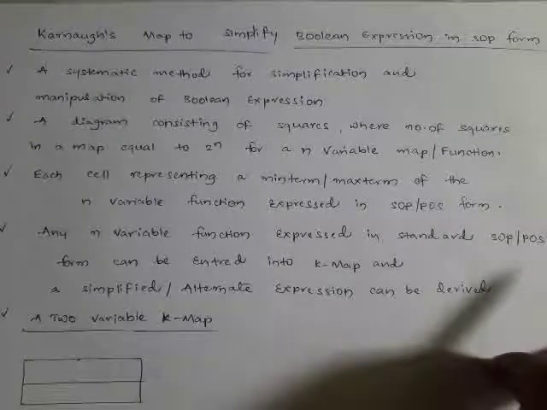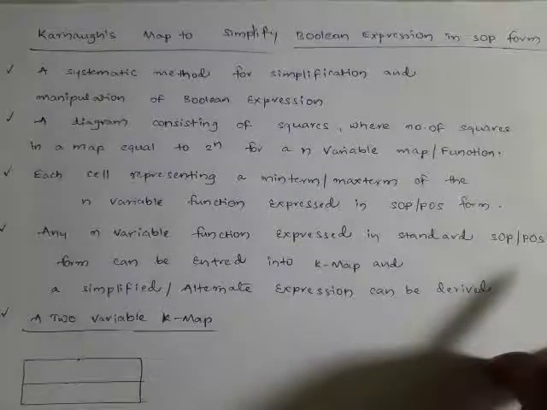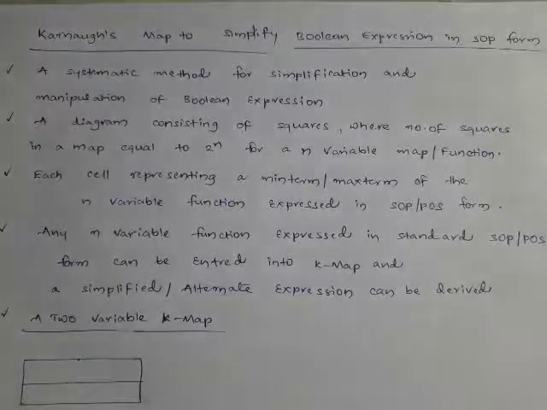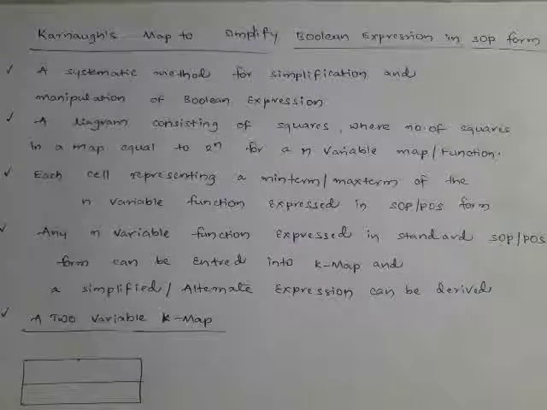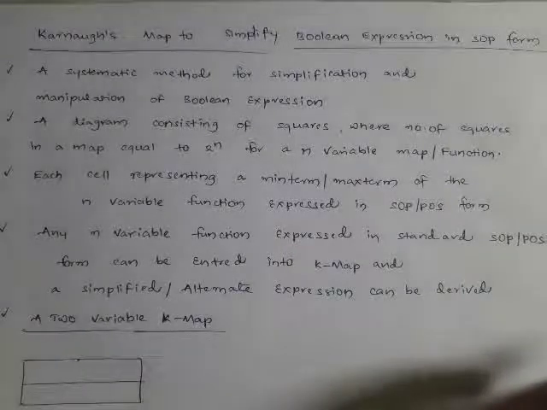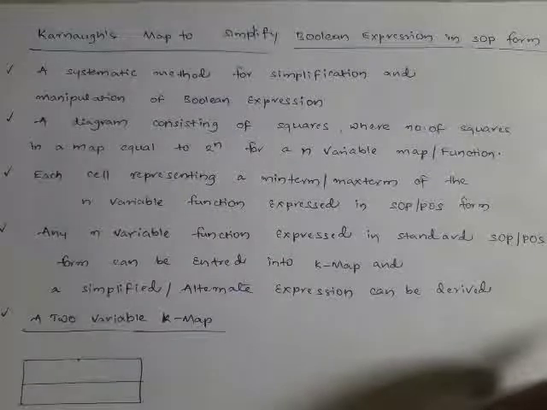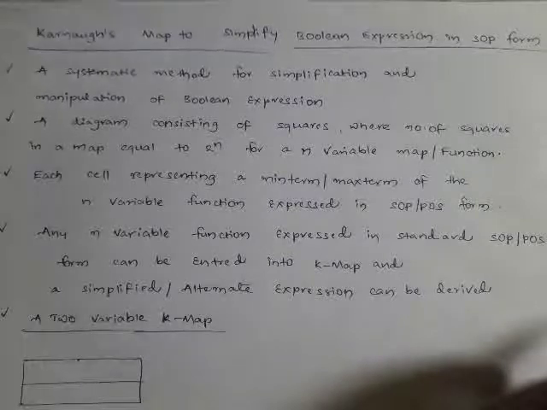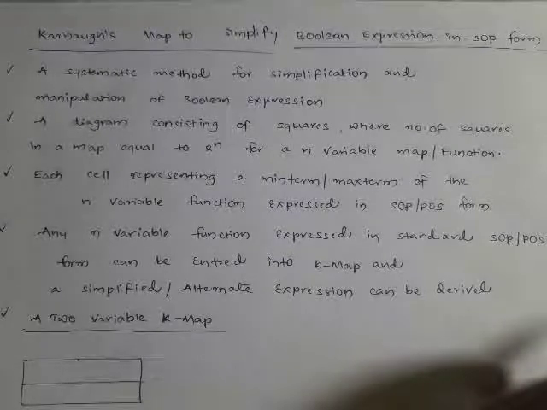But as you see, when we want to simplify a Boolean expression using theorems and laws, there is no particular procedure that one has to follow. We do not have any clarity on what the next steps are after each step of simplification.